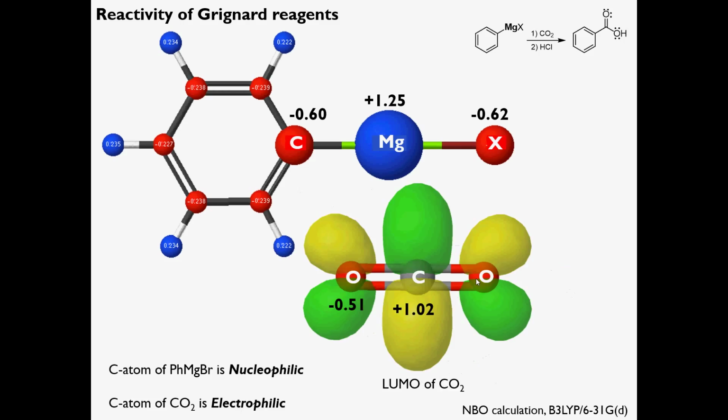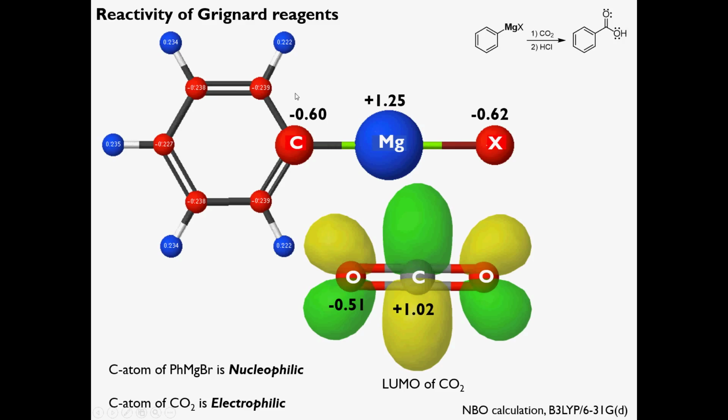And if we take a look at the LUMO of carbon dioxide, this is the acceptor orbital. Again, these are the charges on the oxygen and the carbon atom, just transferred from the previous slide. I haven't shown the highest occupied molecular orbital of this Grignard reagent because it was actually a little difficult to visualize. But we can assume that the HOMO has significant buildup of electron density in this area.